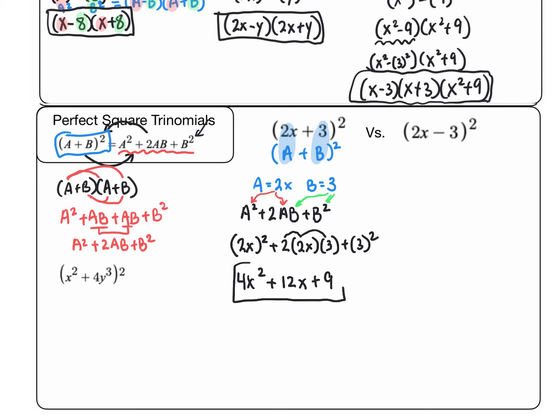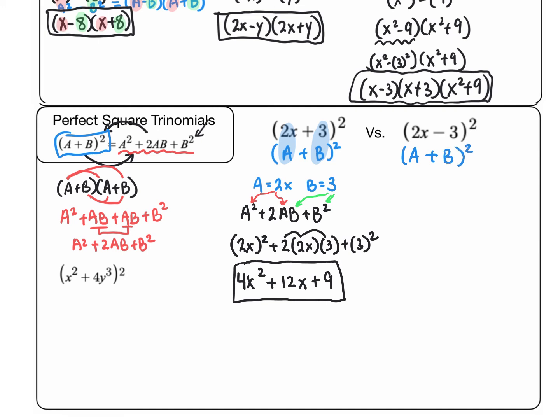And now I've used the perfect square trinomial to expand that out. Now, here's the deal: you would do the same thing for this guy. So just kind of setting it up here like that. That is not what I wanted to write. There we go.